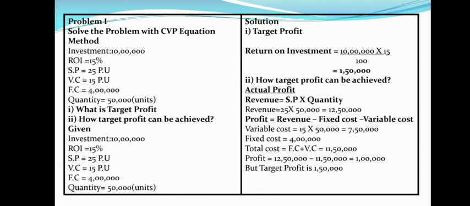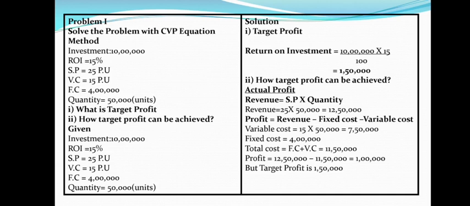Profit can be calculated by subtracting total cost from revenue. So what is the total cost? Total cost is the combination of fixed cost and variable cost. Here the fixed cost is given directly, but the variable cost is given per unit. So first of all we have to find the variable cost for 50,000 units.